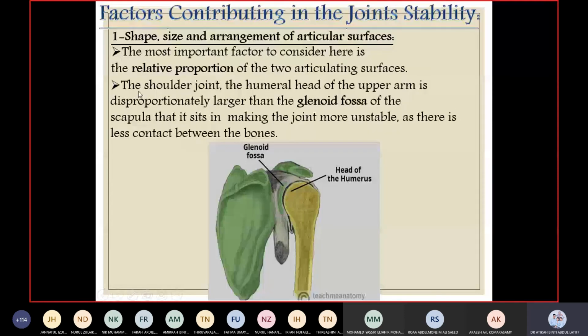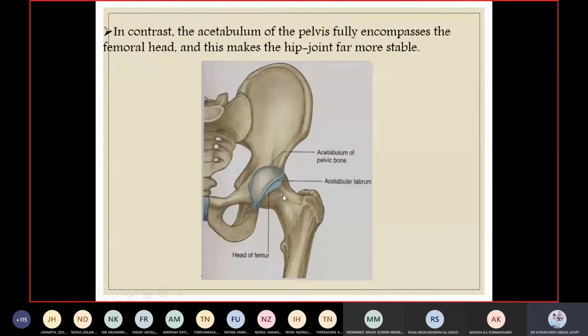For example, at the shoulder joint, the humeral head is disproportionately larger than the glenoid fossa of the scapula here. So the joint is a bit unstable because there is less contact between the two surfaces, meaning the head is big compared to the fossa itself. A lot of the head is not in contact with the glenoid, so it becomes less stable.